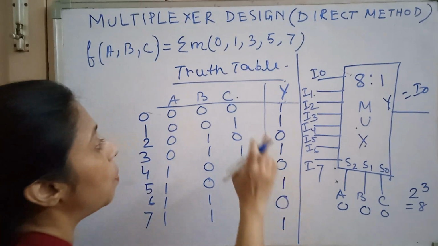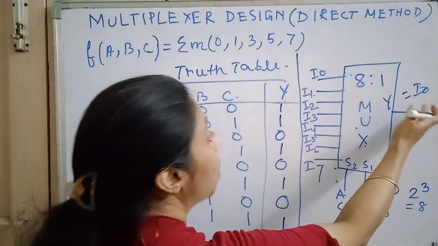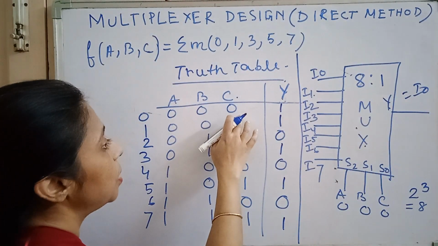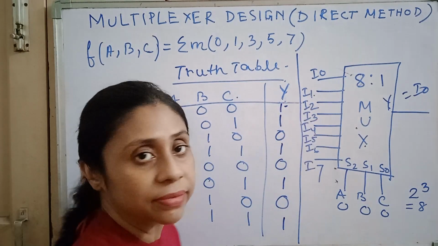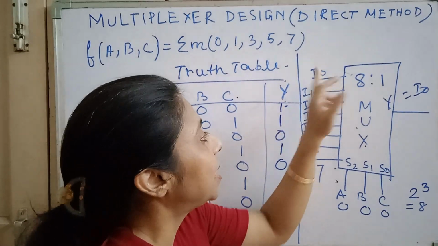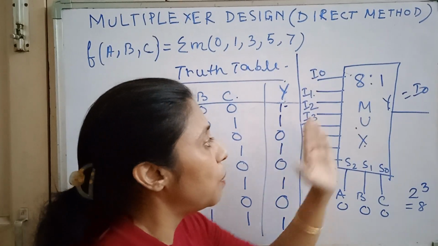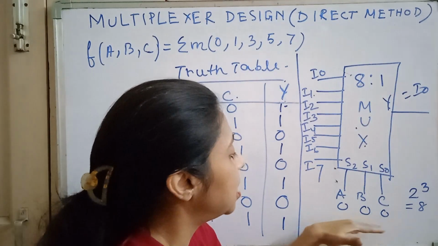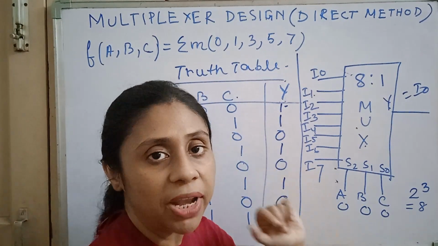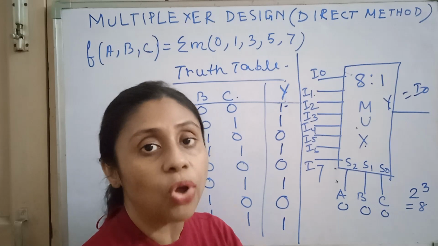Okay. Now what is I0? What is Y for the 0, 0, 0 input? Y is 1. See, Y is 1. So what should be connected to I0 so that we get output equal to 1 for the 0, 0, 0 input combination? Obviously logic 1.